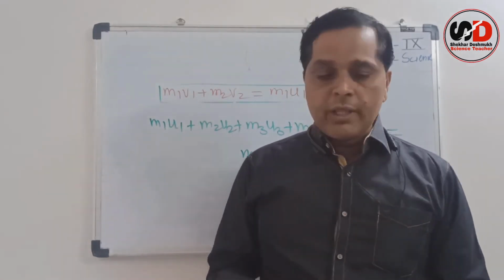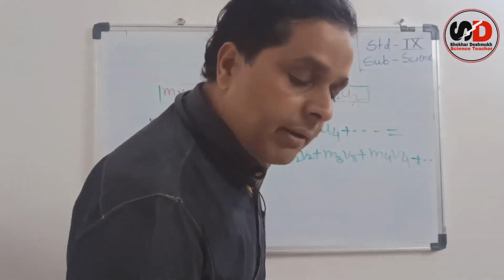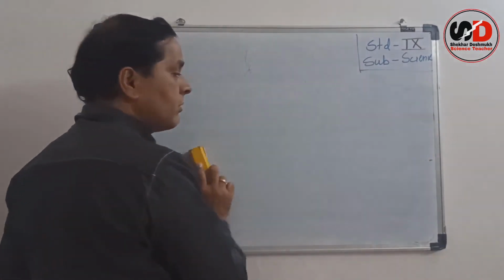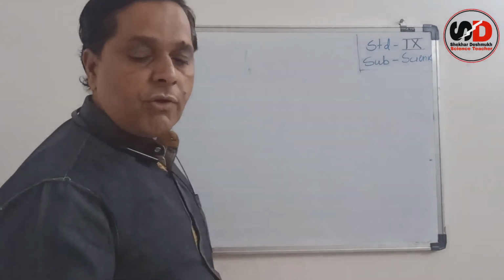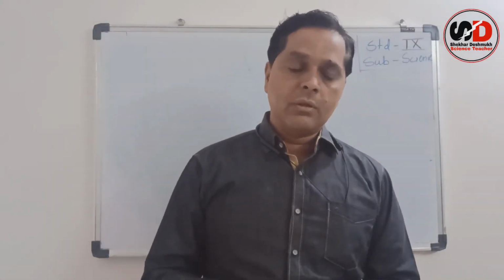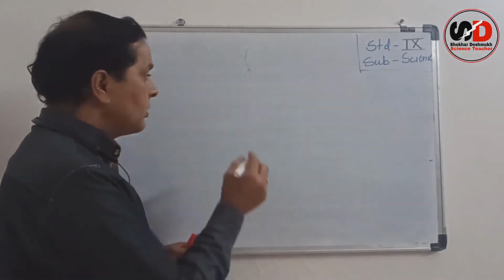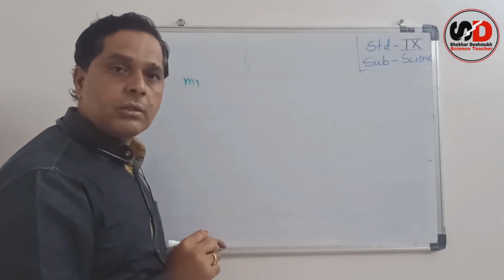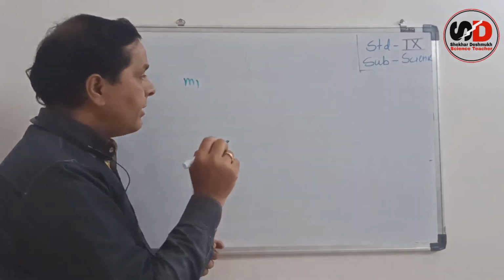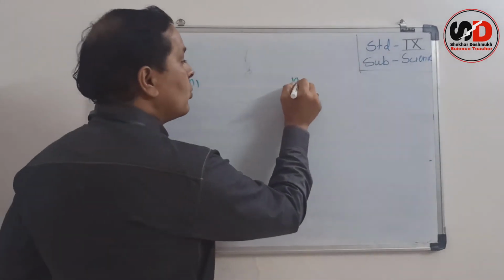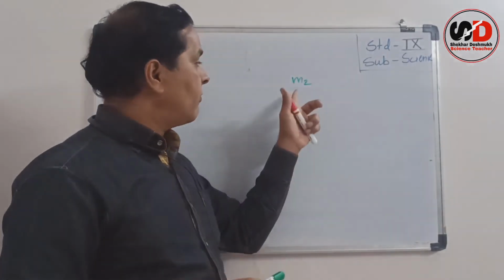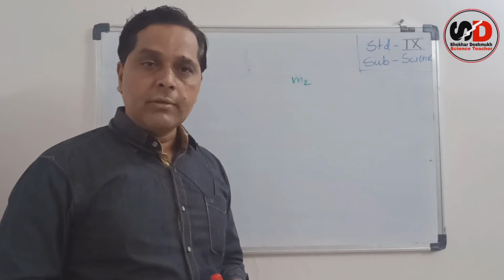One very simple example is given in textbook, that is of when we fire a bullet from gun. Suppose m1 is the mass of bullet and m2 it will be the mass of that gun.